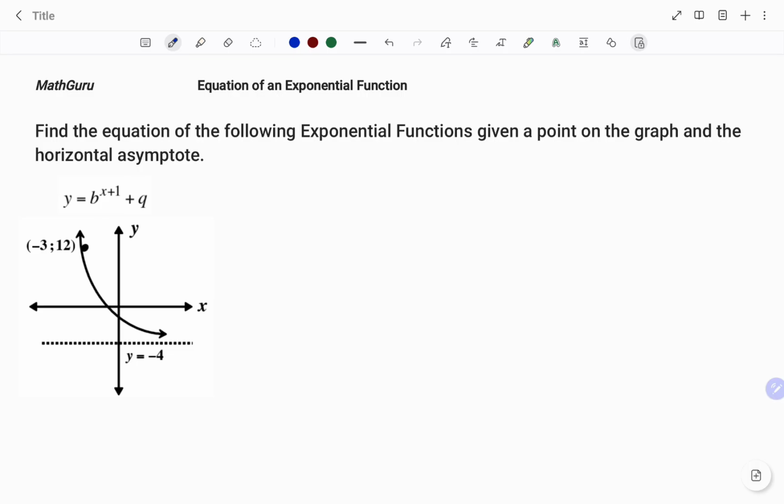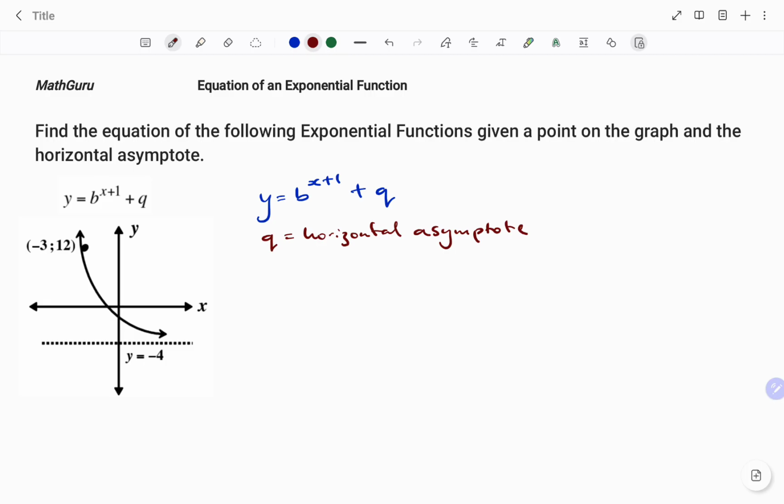So in the first example, we've been given the exponential function y equals b to the power of x plus 1 plus q. Starting with q, we know that q is the horizontal asymptote. The asymptote of a graph is the line which the graph does not touch.